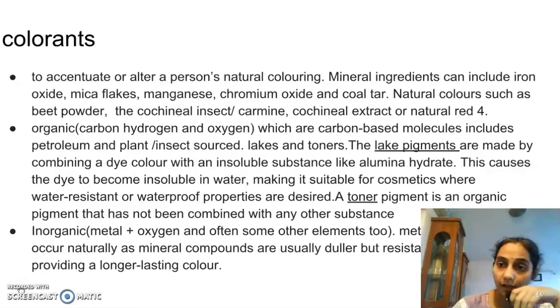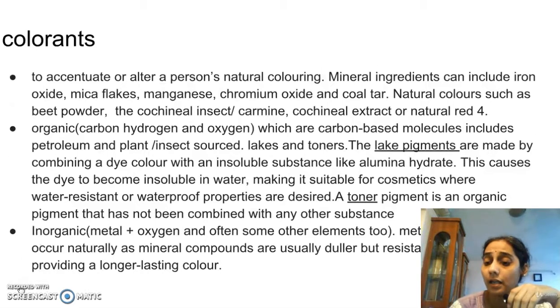So natural colorants can be beetroot powder, carmine, we get it from bugs, okay, and it is called natural red 4 color. Other roots like ratanjot root, and there are many things that can be used for natural things.